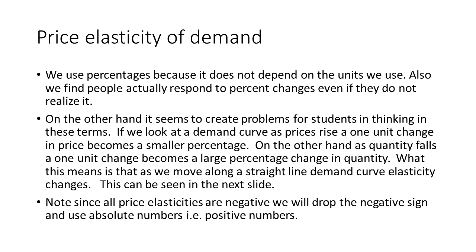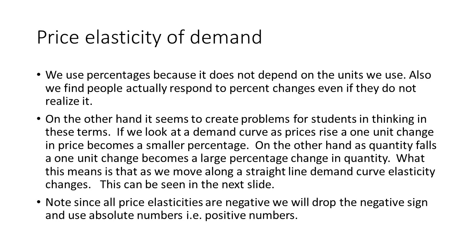On the other hand, it seems to create problems for students in thinking in these terms because these percentages keep changing on us. If we look at the demand curve, as prices rise, a 1 unit change in price becomes a smaller percentage. So if we're starting at $5, our base is $5 and the change is 1, that's 1/5, that's 20%.